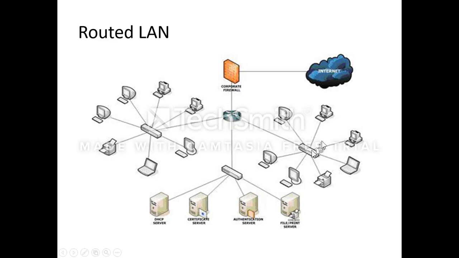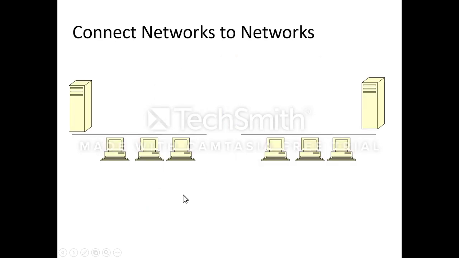And this switch connects all of these computers together to form another local area network. And the router right in the middle connects all of the local area networks to each other and connects them all to the internet.